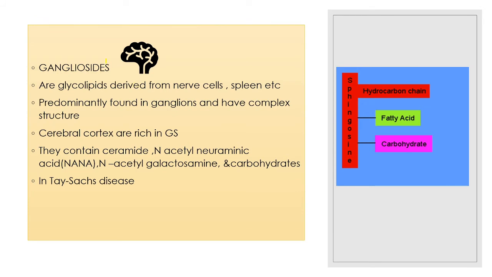Move on to the last topic, the gangliosides. Gangliosides are glycolipids derived from nerve cells and spleen. They are predominantly found in the ganglions, hence the name gangliosides, and they have a complex structure. The cerebral cortex is rich in gangliosides.